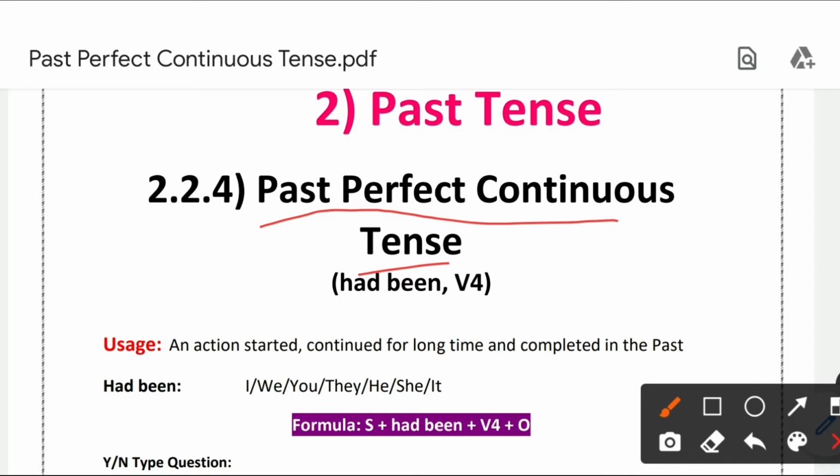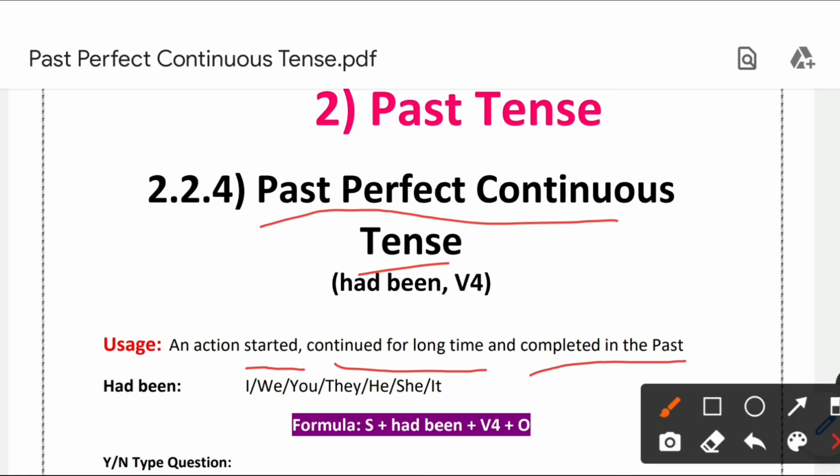We use this tense for an action started, continued for a long time, and completed in the past. I would like to give you examples: to live, to work, to entertain. Such action words we can use in this tense. Why these action words?